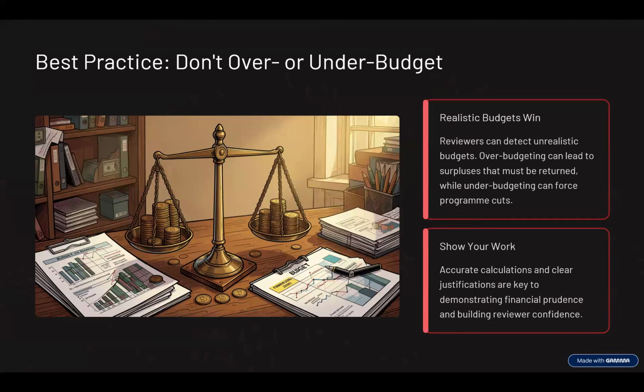You have to have accurate calculations and clear justification, which are key to demonstrating financial prudence and building reviewers' confidence. If it's an NIH program, you have to remember those are taxpayers' money. So you have to justify why they should give you the taxpayers' money, and prove to them that you are a good spender of the money. I am not just going to waste the money.